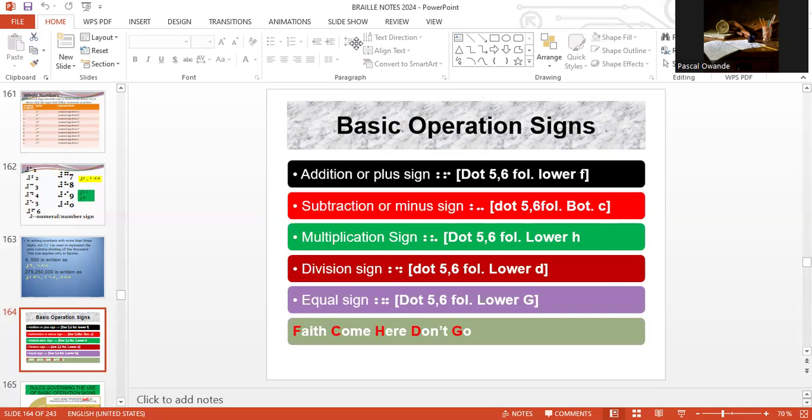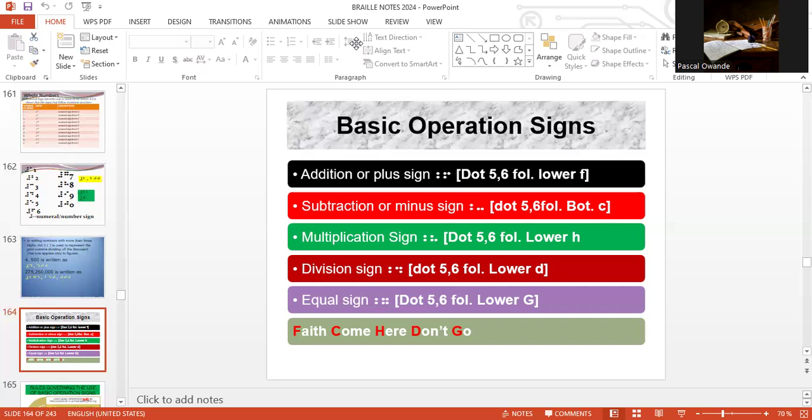We'll look at the subtraction or minus sign, the multiplication sign, the division sign, and finally the equal sign. All these 5 are basic operation signs.